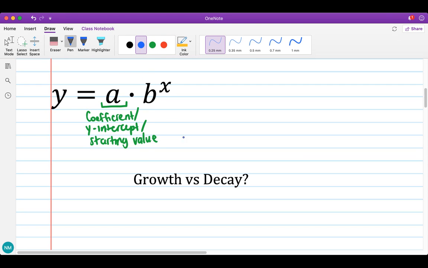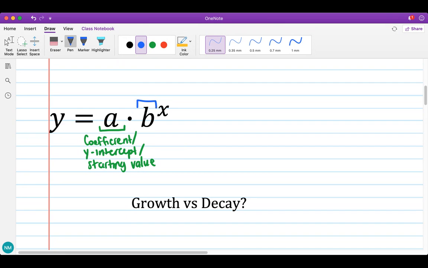And b is my base, or my multiplier. Today we're going to talk about b, which is also called your growth factor because it is the factor by which it grows. What's the number it's being multiplied by each time?